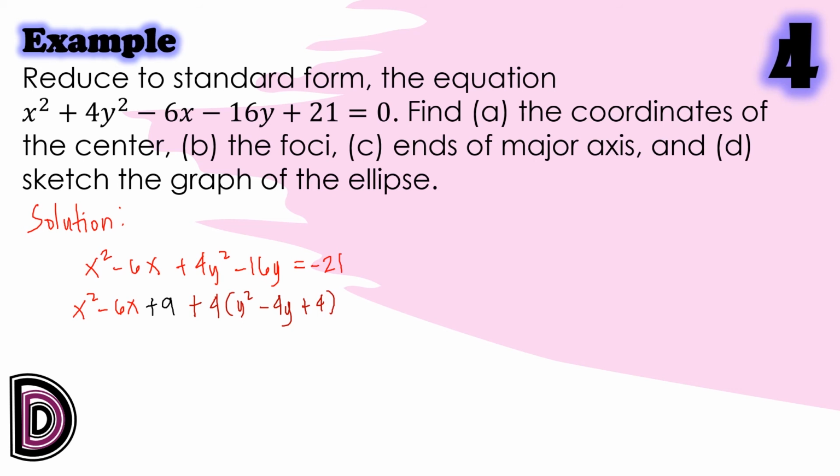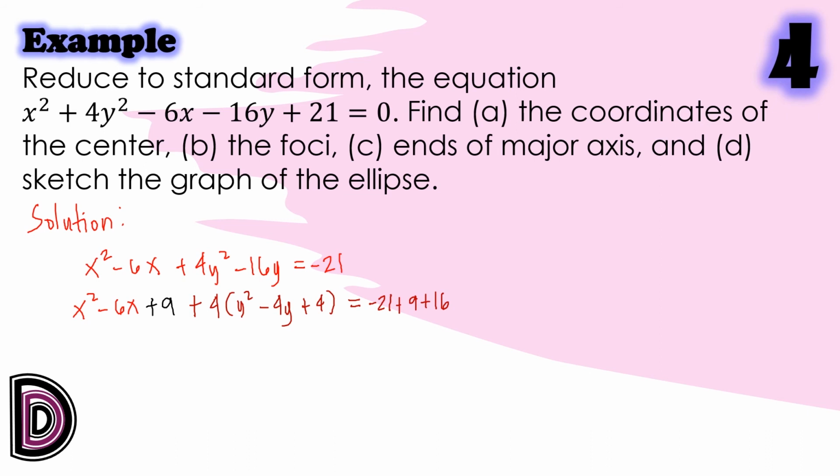And 4 is from negative 4 divided by 2 square. Completing the square in variables x and y, we added 9 and 4 times 4, 16 to the left-hand side of the equation. Hence, we also have to add 9 and 16 to the right-hand side of this equation.